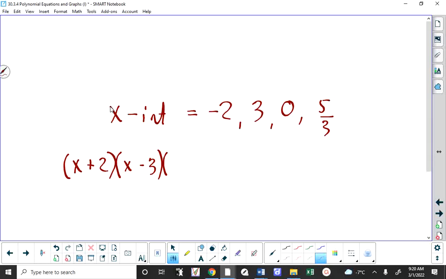The number 0 is a zero of the polynomial, which means when you put 0 in for x in the polynomial, you get 0 for y, so it's an x-intercept. Then x is a factor, because this 0 is a zero of this factor. In other words, this 0 makes this factor equal to 0.